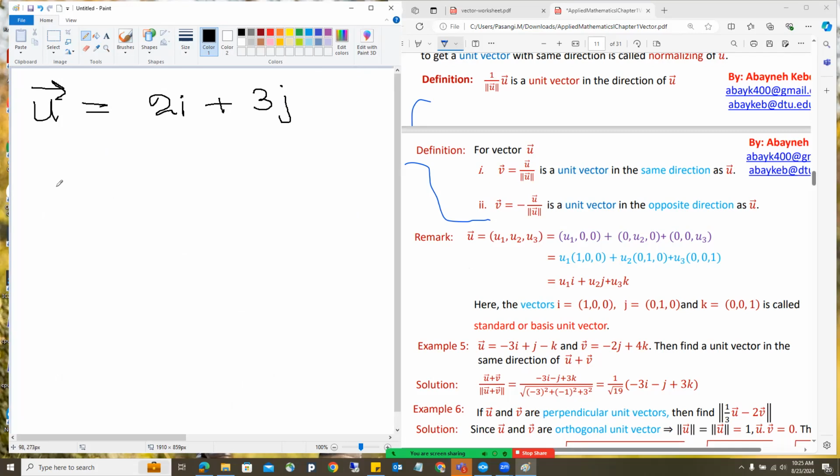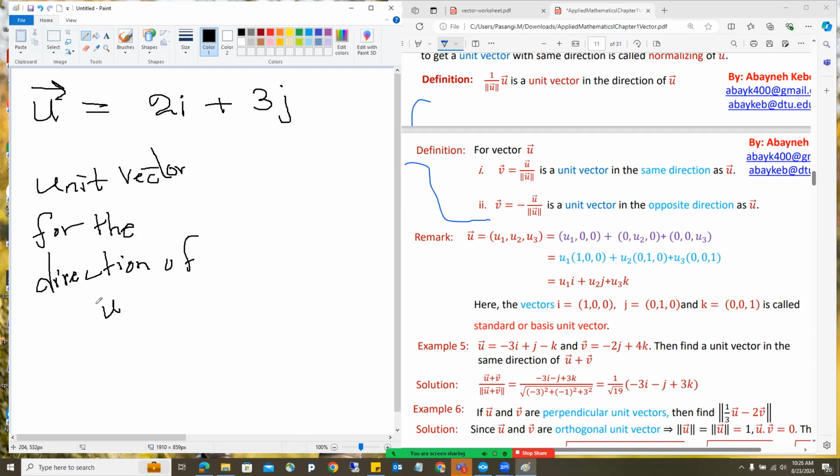To find the unit vector in the direction of vector u, we divide vector u by the magnitude of this vector.